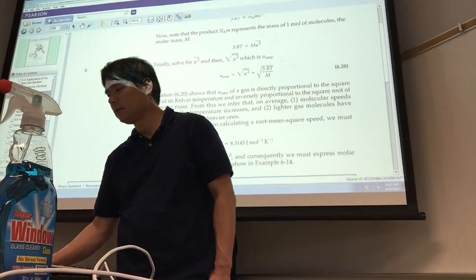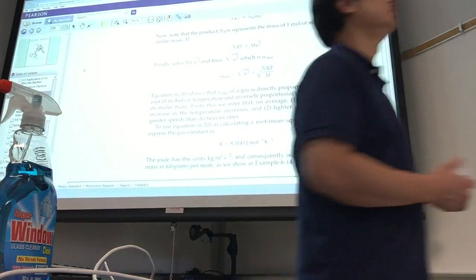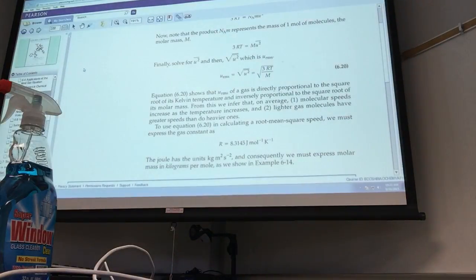Here we go. URMS is equal to the square root of 3RT over M, where k is R over NA and M is the molar mass.